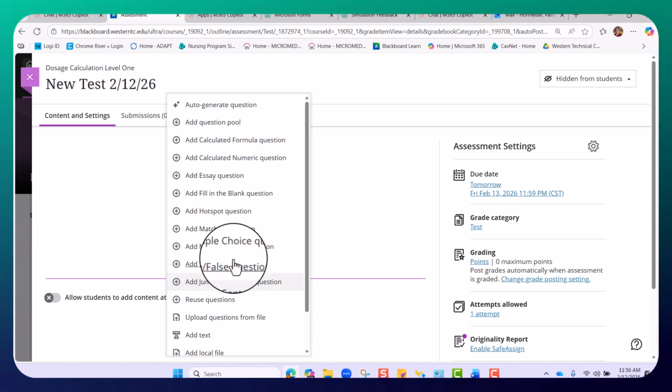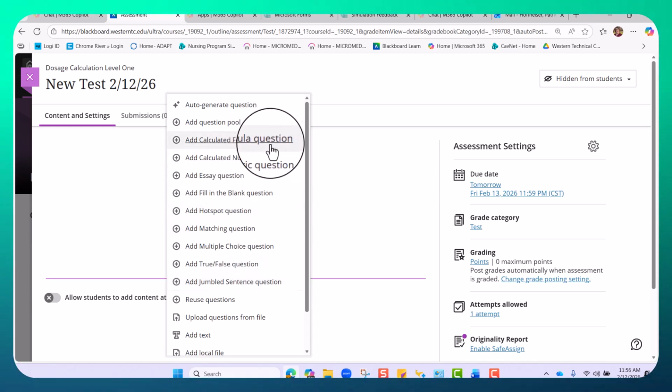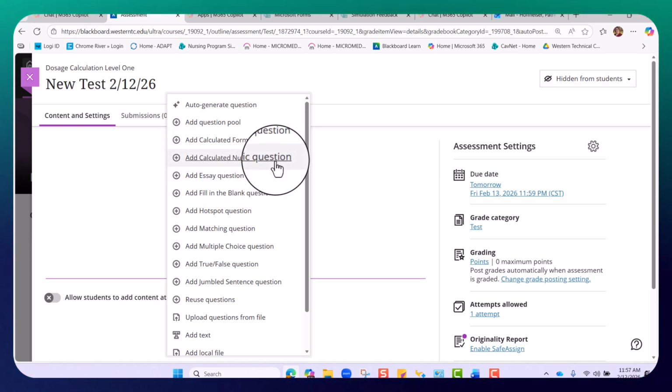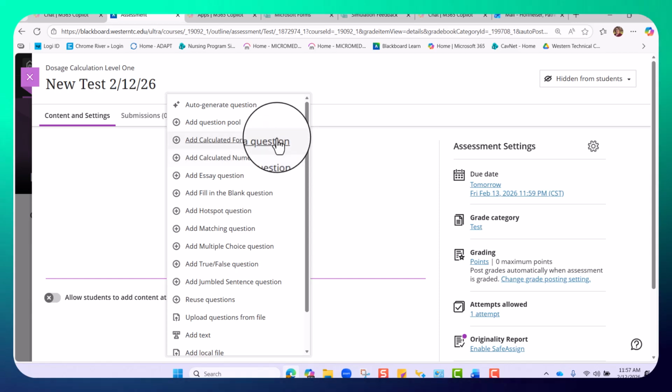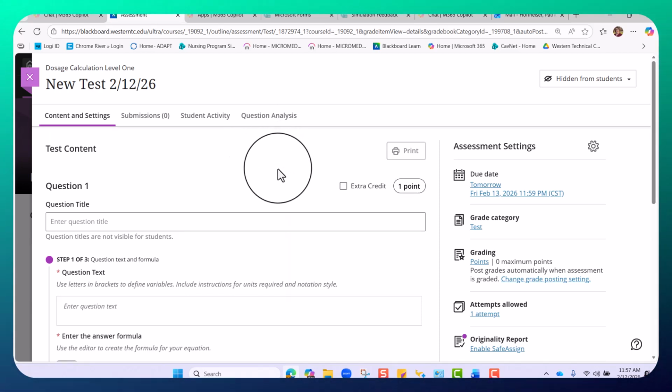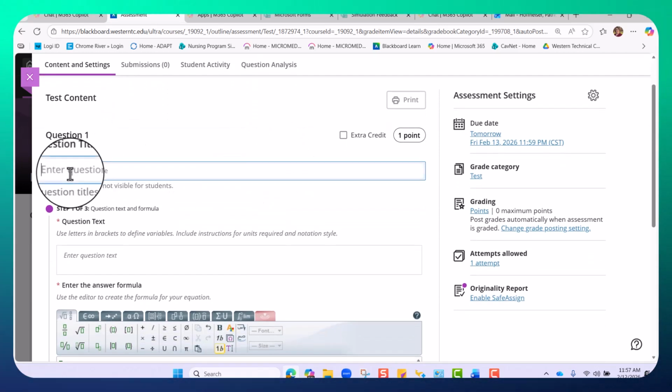All right, so it says here I can add a calculated formula question or add a calculated numeric question. I'm not sure what the difference is between the two, so I'm going to go for the formula question. Okay, so when I get in here, let's just say DA question.